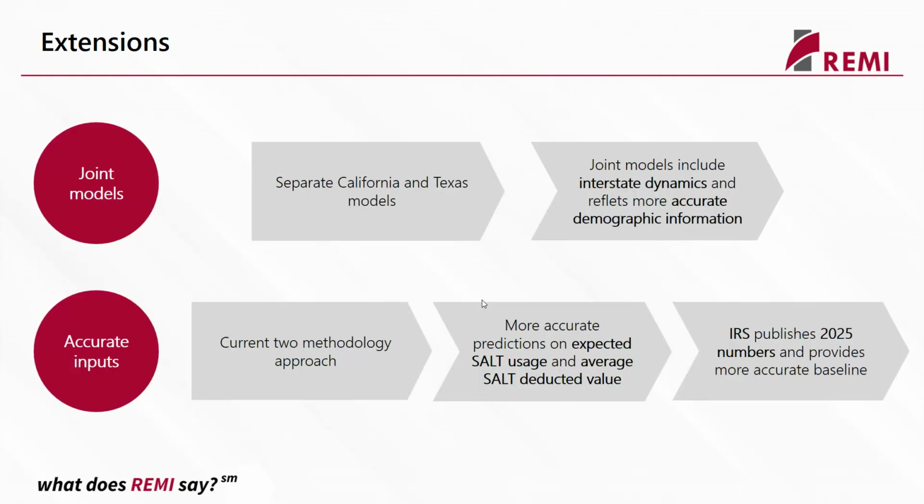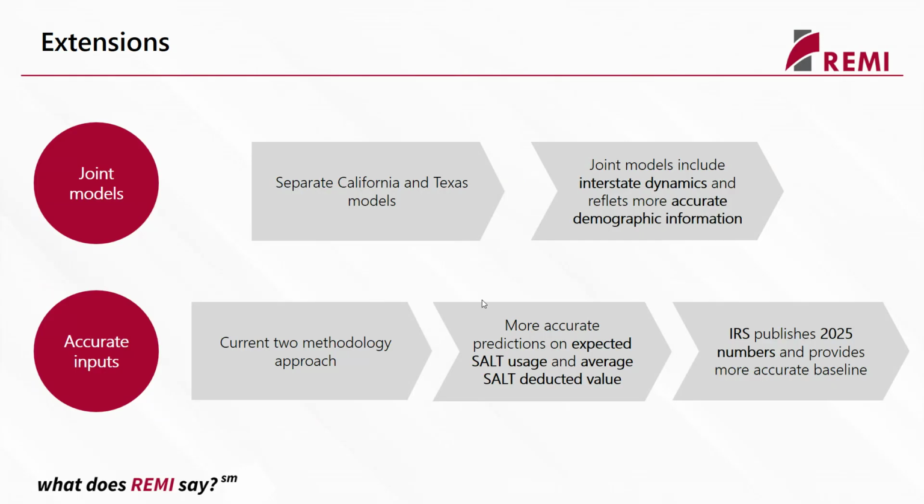There are additional extensions to the work we've done today to provide more accurate predictions. We currently executed our analysis on two separate California and Texas models. If we use the joint California-Texas model, it would reflect the interstate dynamics more accurately, especially in terms of the demographic results.